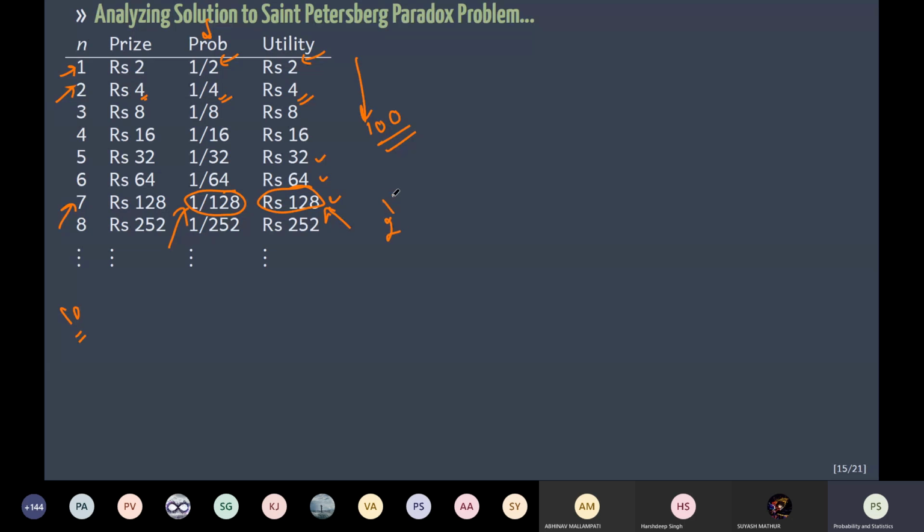Then you are getting 2 to the 10, which is way beyond 100. So although you invested 100, the return you are getting is a lot more. But the chance of getting up to 10 is also way less. It's 1 over 2 to the 10, your chance of getting up to that trial. So these are the problems you have in this.